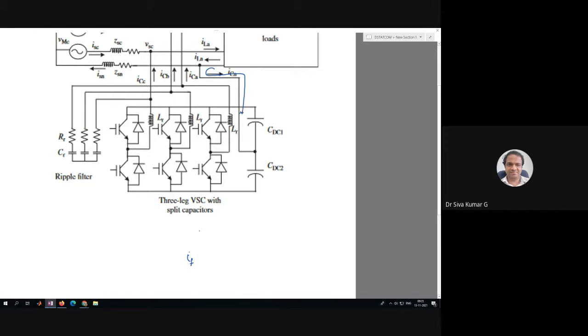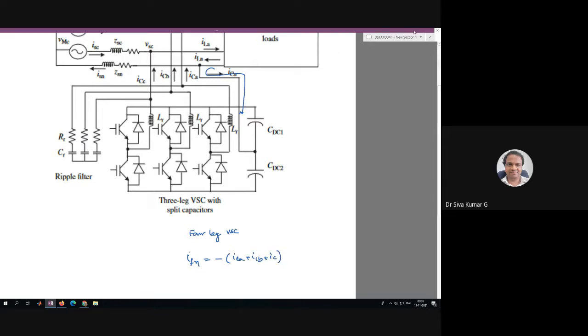When you talk about a four leg VSC based topology, we don't have a split capacitor. In that case, the neutral component current is minus of ILA plus ILB plus ILC. That doesn't require any kind of estimation in finding out the filter current.